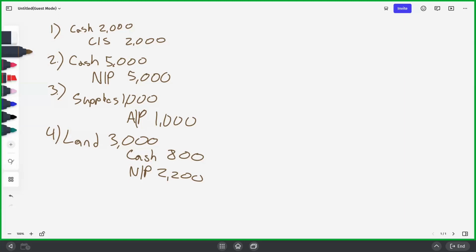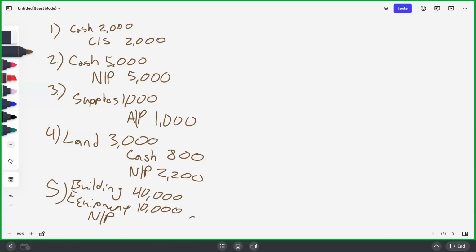I got myself some equipment and some buildings, and I paid for it all on account, accounts payable, my credit card. A building, equipment, and accounts payable. Does that help make sense?